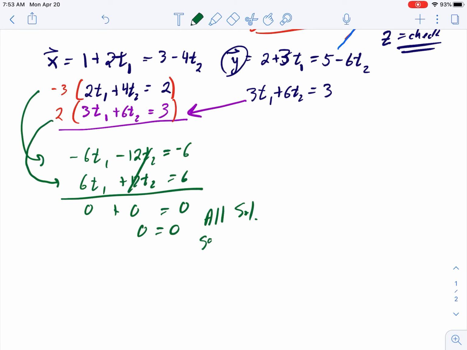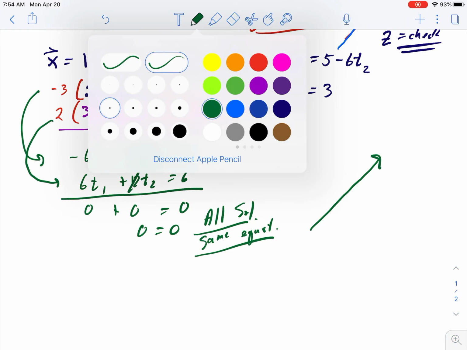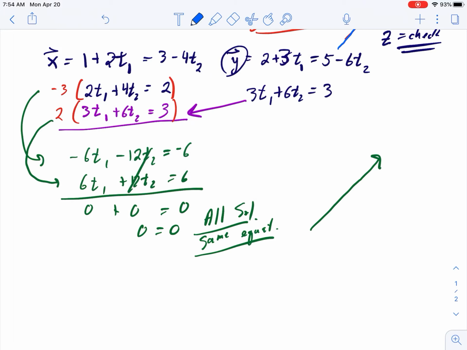So what that means then is they are the same equation, somewhat. You have one equation here, and then a second equation following the same path, like so. Obviously they're starting at different times.